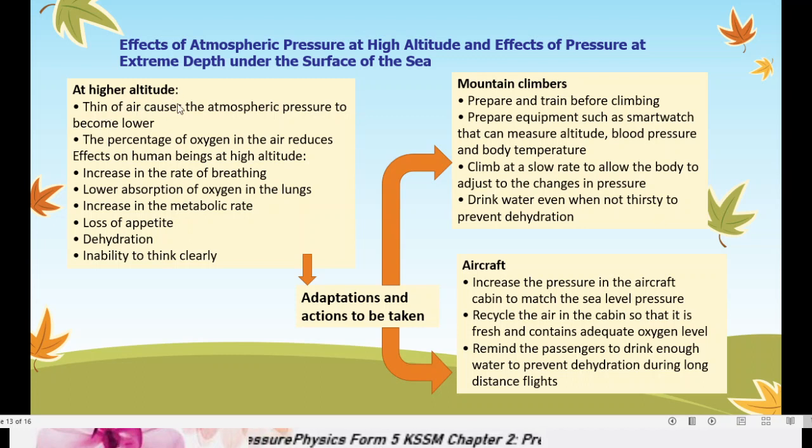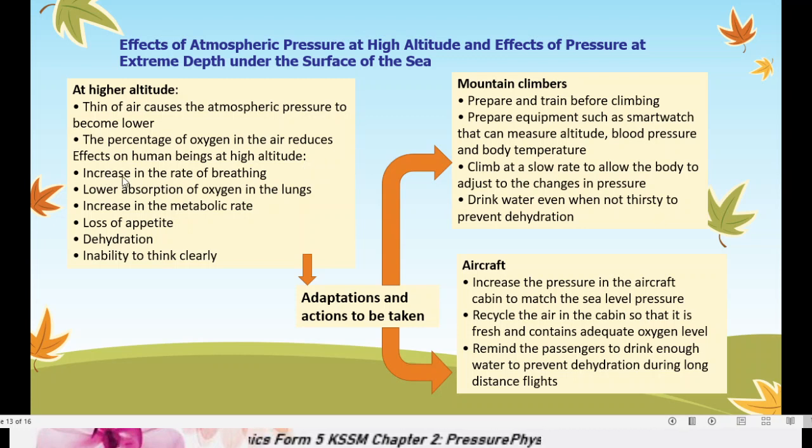Thin air causes atmospheric pressure to become lower, meaning at higher places the atmospheric pressure is smaller. The percentage of oxygen in the air reduces. Effects on human beings at high altitude: we will experience lack of oxygen at a very high place, such as Mount Everest.